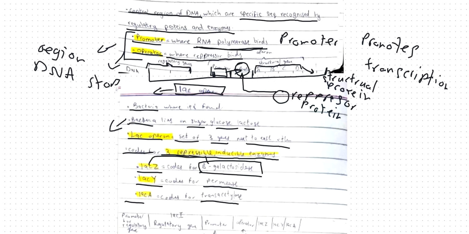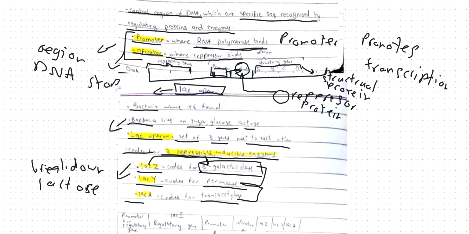These 3 genes break down lactose. The job of these 3 genes is to break down lactose, so each enzyme they code for has a role in breaking down lactose.